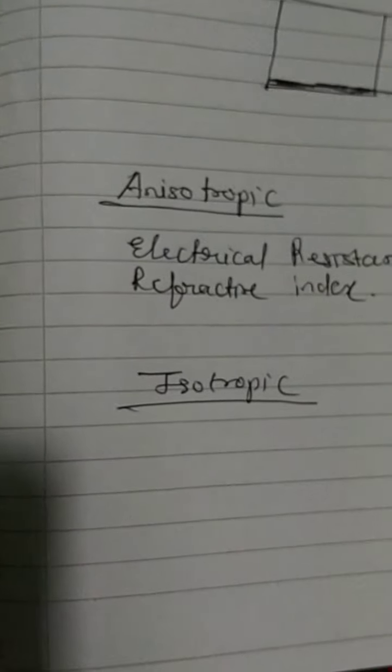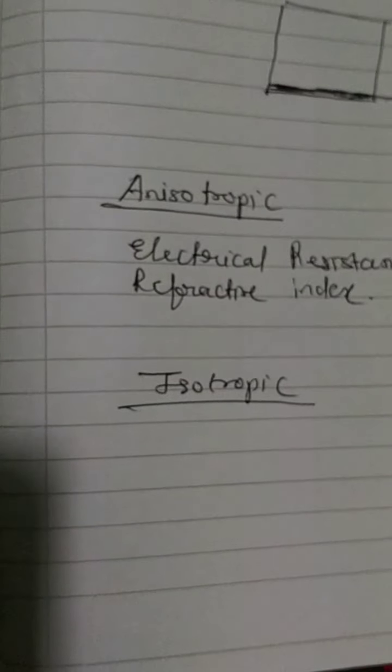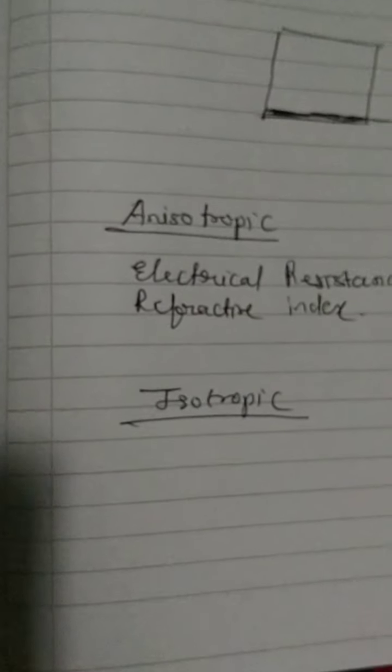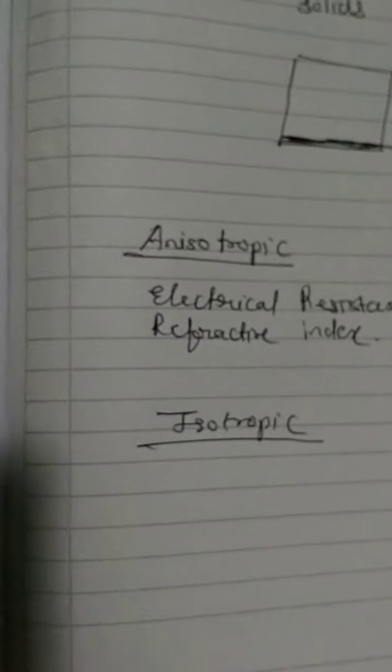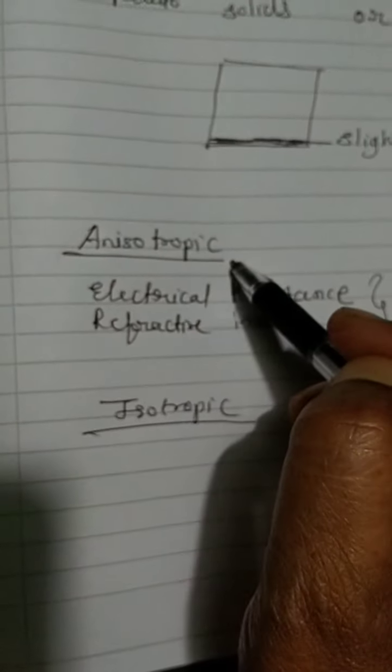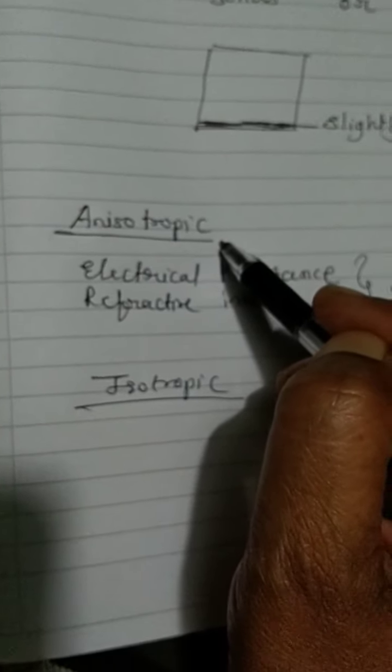But isotropic means that the value of electrical resistance or refractive index is more or less the same when we measure it from different directions. So anisotropy is the characteristic property of crystalline compounds, and isotropic nature is the characteristic property of amorphous solids.